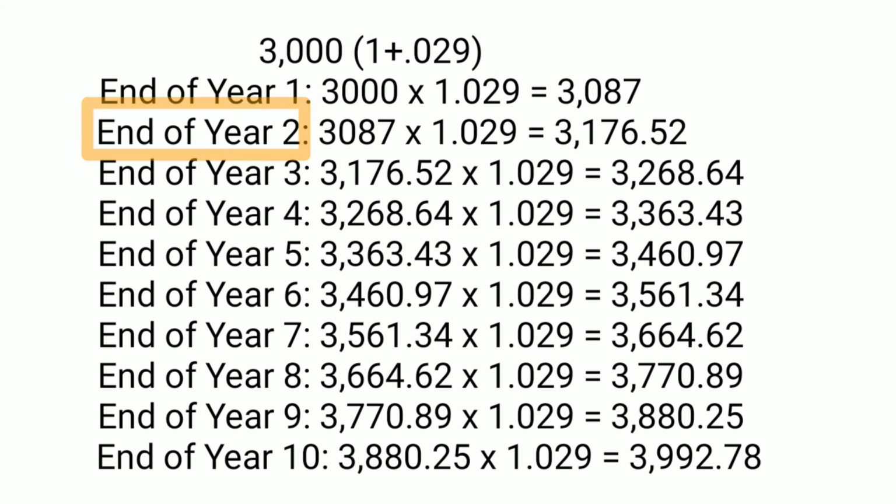And in year 2, we are going to multiply the total amount of year 1 by the interest rate to get the total amount at the end of year 2. And then we're going to repeat the process until the end of year 10 to get its total amount.